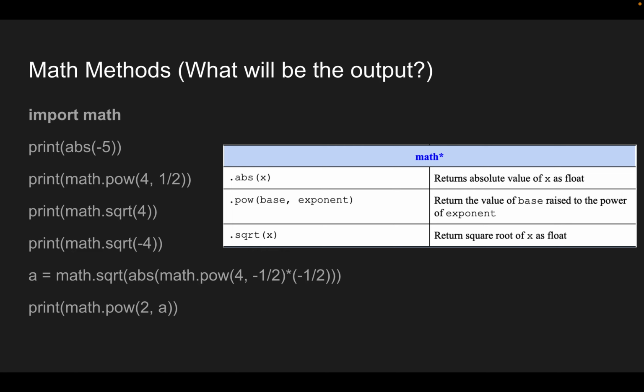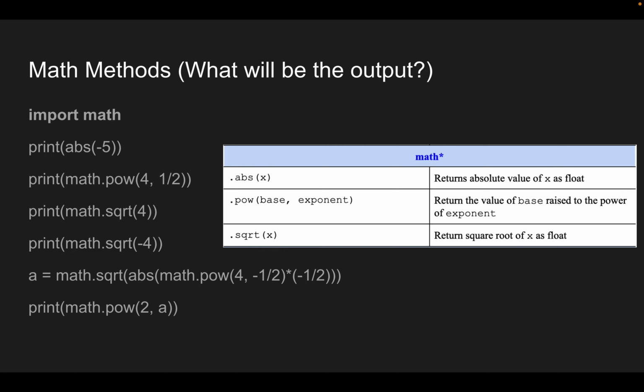That's basically telling us 4 raised to the negative 1/2 power, which is basically the square root of 1/4, which gives us 1/2. So 1/2 raised to the negative 1/2 power. So that's basically the square root of 2, I think.